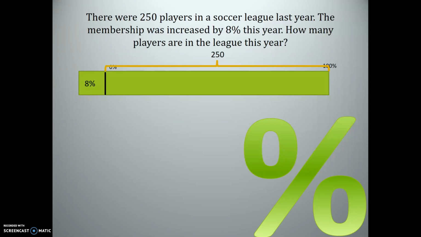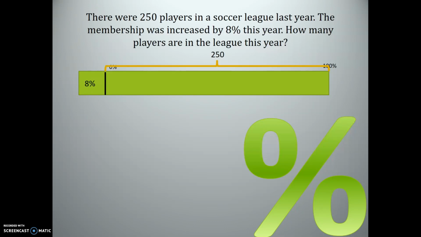All right, so the process on this problem is exactly the same. We're looking for a quantity of players that is greater than the 100% that I had last year. So this is a percent increase problem. So 250 players is my 100%. It says the membership was increased by 8% this year. How many players are in the league this year?